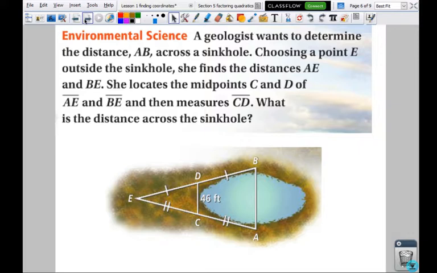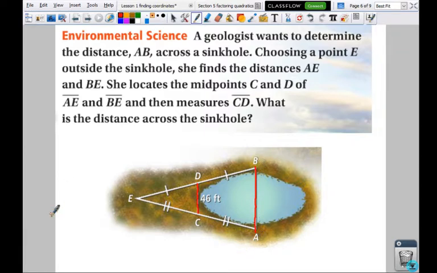And she locates the midpoints, C and D, and then measures CD. I want to know the distance across the sinkhole, which is just a really complicated way of saying she made a triangle. She found a midsegment right here and measured it. She's going to use that to find the distance across, which you can't really measure easily. She wants to find this right here.